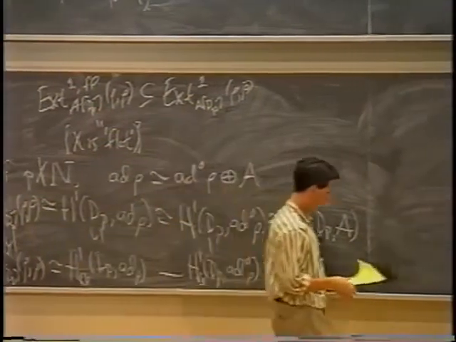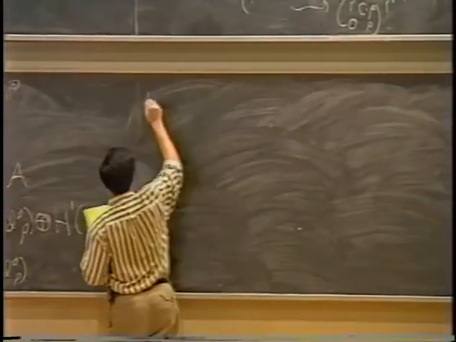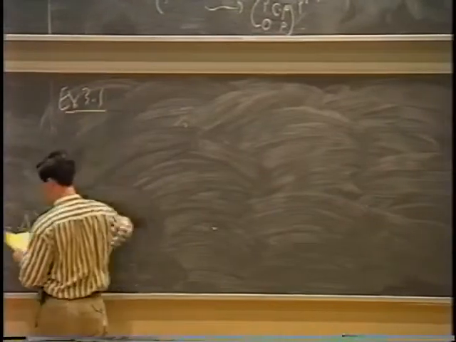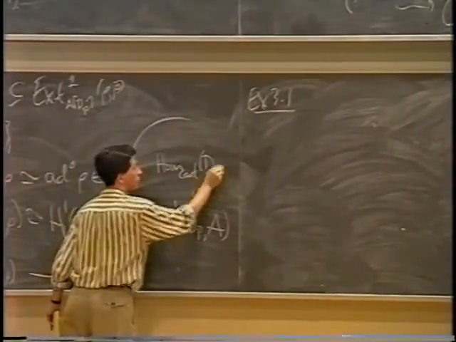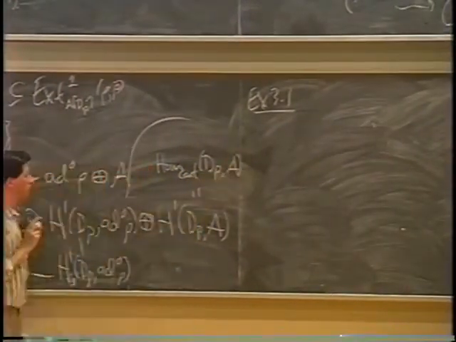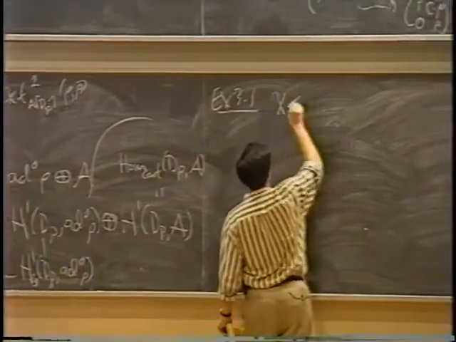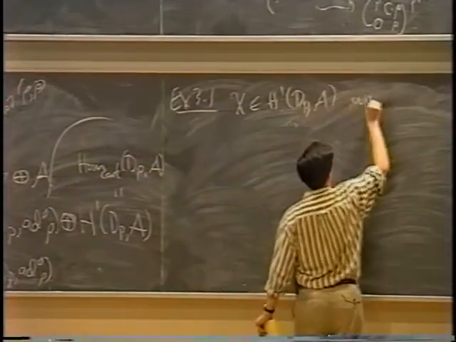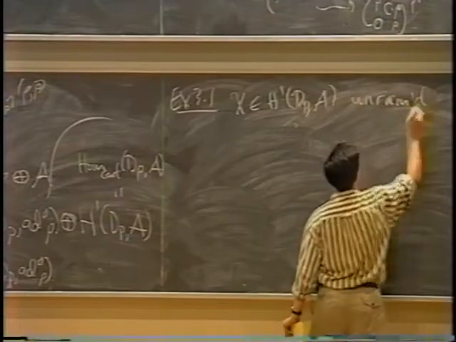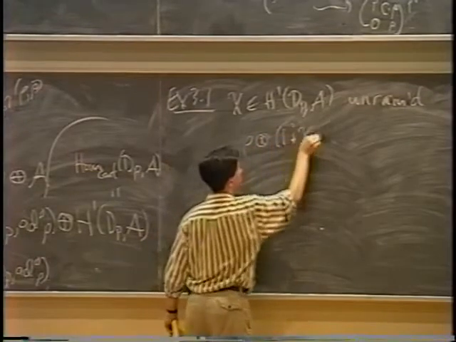So now we can define, well, before I give the main theorem, let's give an example, rather simple sort. Recall this is the same thing as continuous Homs from D_p to A, not D_p to A star. All right, A is an additive group. Okay, and so now we're going to consider chi in this H1, think of it as a homomorphism, which is unramified. Okay, then you consider rho tends to 1 plus chi epsilon.